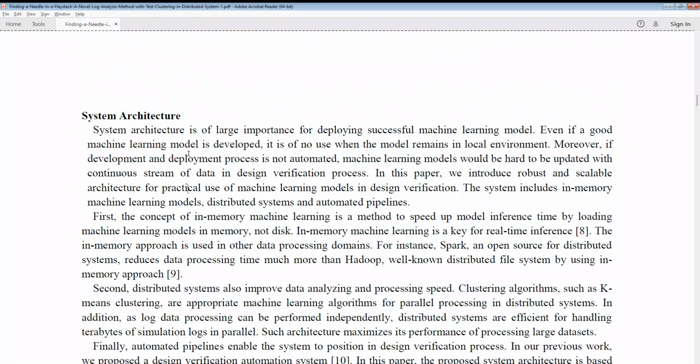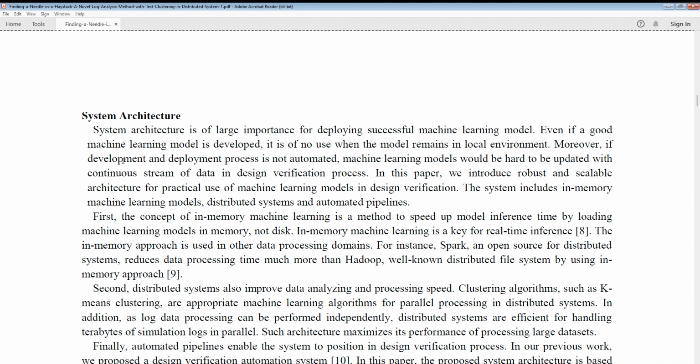System architecture. System architecture is of large importance in deploying successful machine learning models. Even if a good machine learning model is developed, it is of no use when the model remains in a local environment.